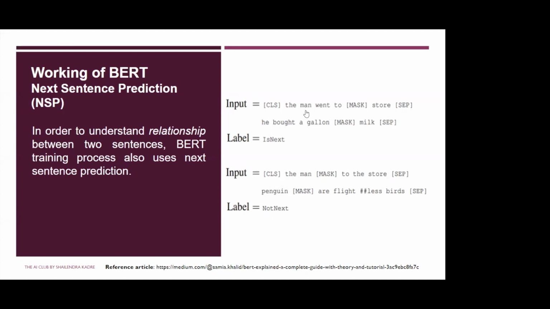It will make a prediction and check in the original training document or corpus that we have provided whether the predicted is-next label is correct or not. If it is not, then we have the label not-next.